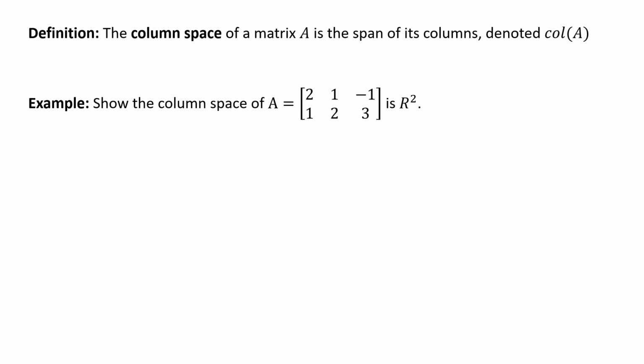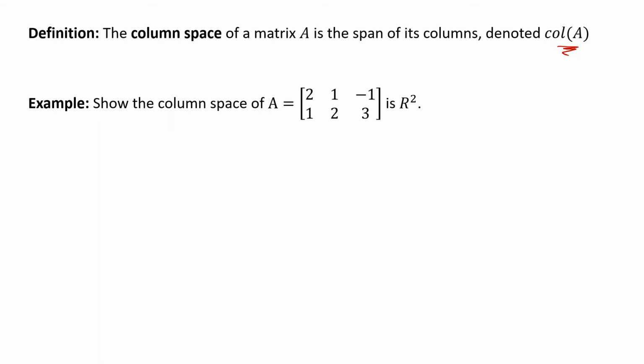So here's a definition. The column space of a matrix is the span of its columns, and it's denoted by col of A. This is a subspace as well. So the span of a set of vectors is a subspace.